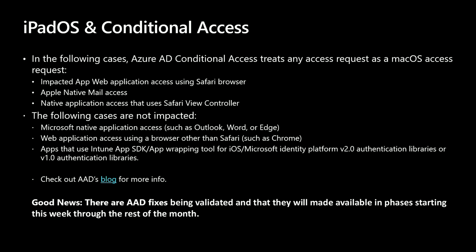So the blog talks about, if it's this scenario, this is what we recommend doing. But ultimately, there's going to be a fix so that you don't have to do all of that workaround, and then you'll be in a good spot. So keep an eye out on that. That will be rolling out.